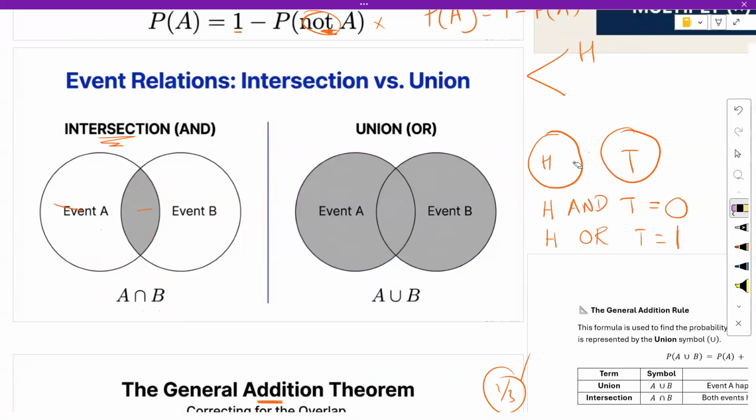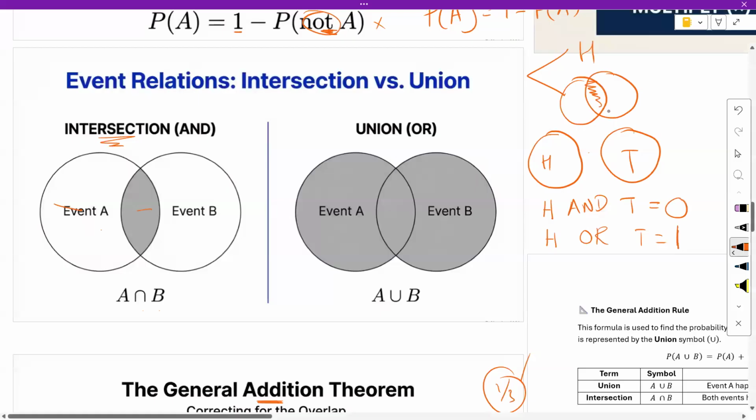If you get head, no chance of tail. If you get tail, no chance of getting head. Right? So if it is non-mutually exclusive, it looks like this.